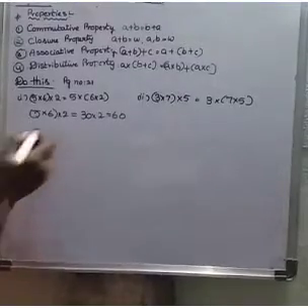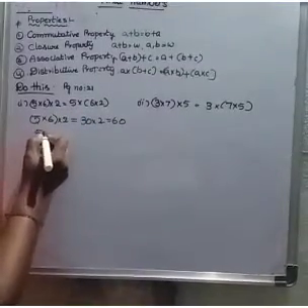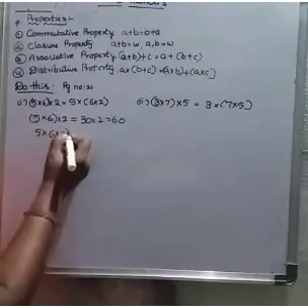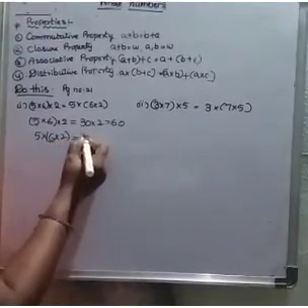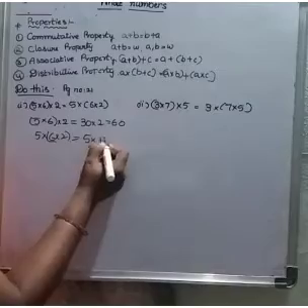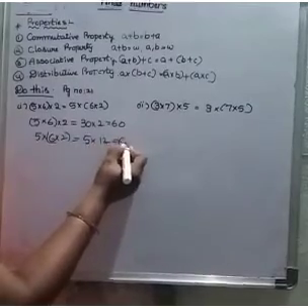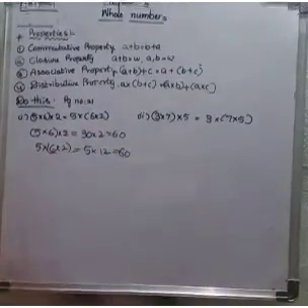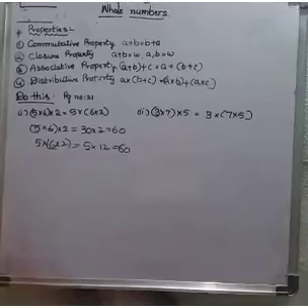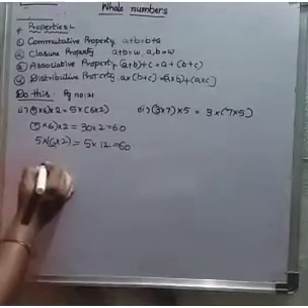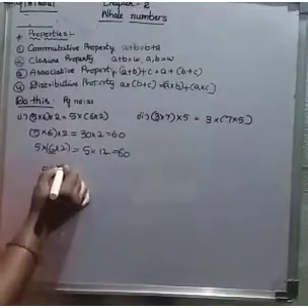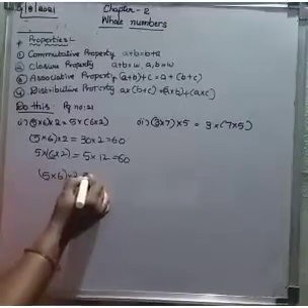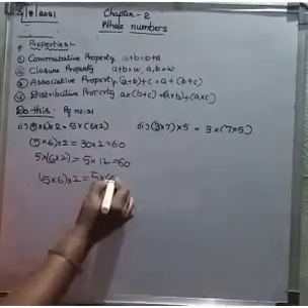Next, 5 into 6 into 2: 6 twos are 12. 12 fives are 60. Both are the same now? Yes.